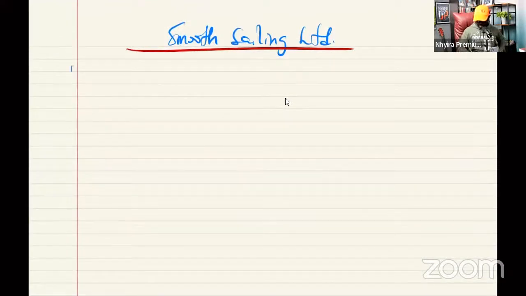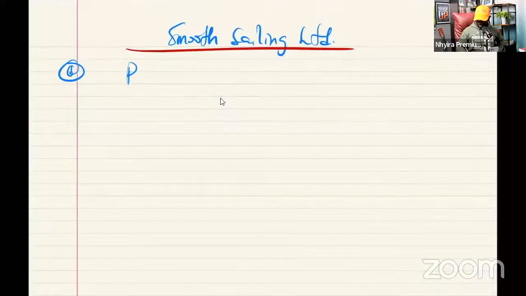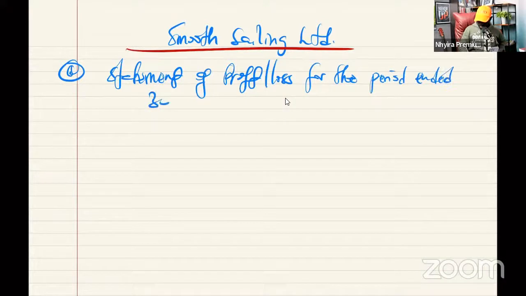So the A aspect of the question, we go to the profit statement that they say we should prepare. Statement of profit or loss for the period ended 30th September 2019.